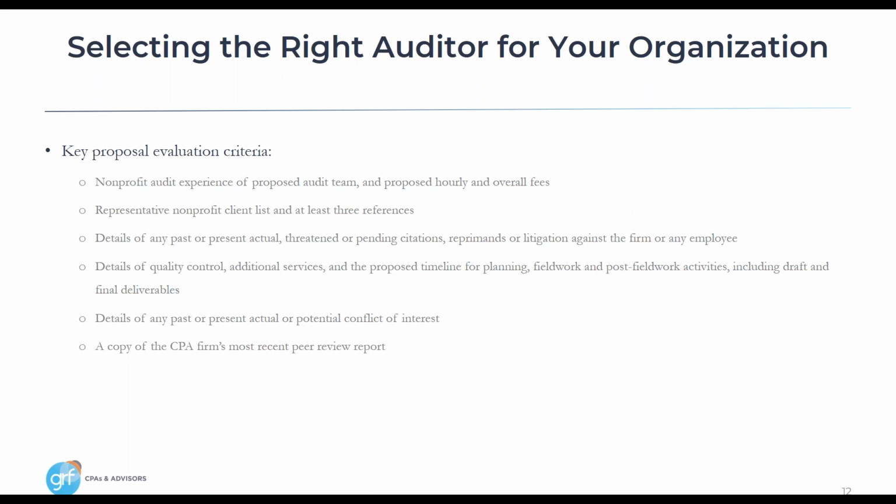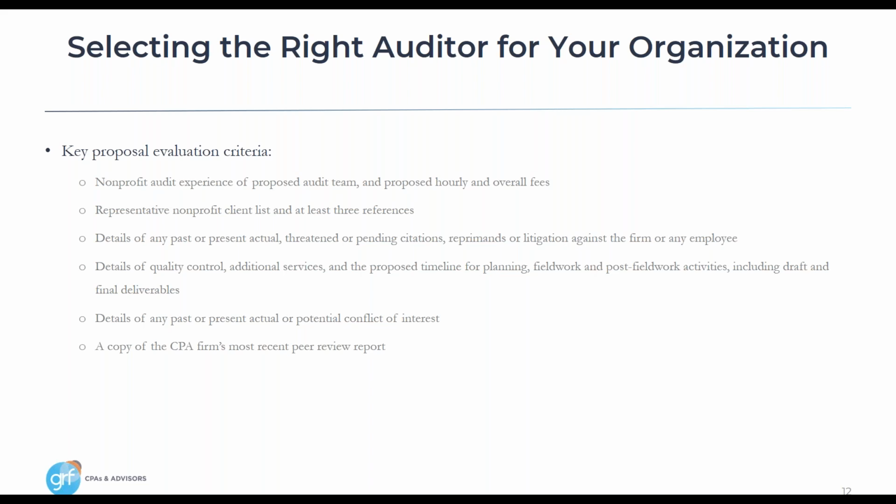Of course, you want to get some information about the proposed fees, both on an hourly basis and overall. You want to make sure you get a representative client list. And you want to make sure, again, that that representative client list includes names that you recognize and entities that are of a similar size and nature to you and perhaps operate in your industry or similar industries.